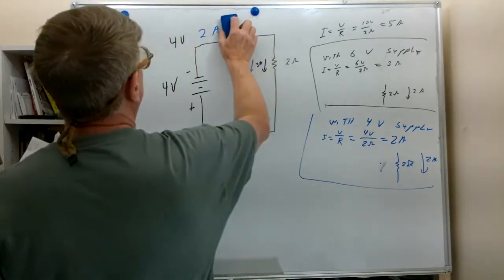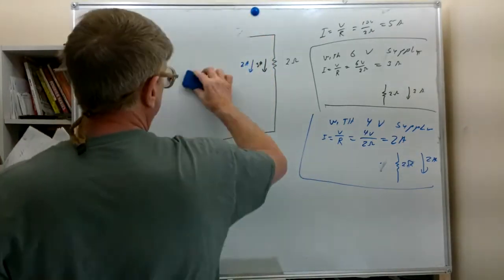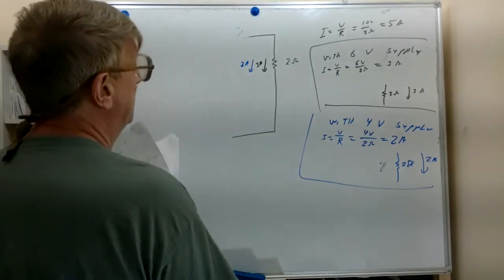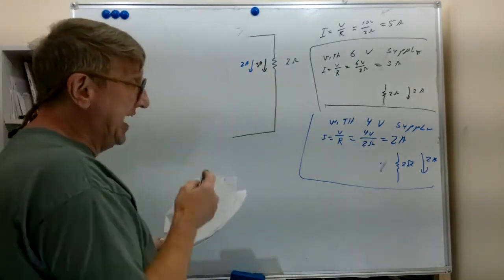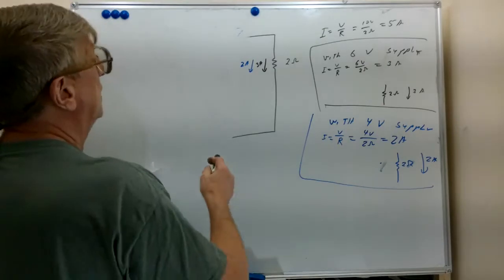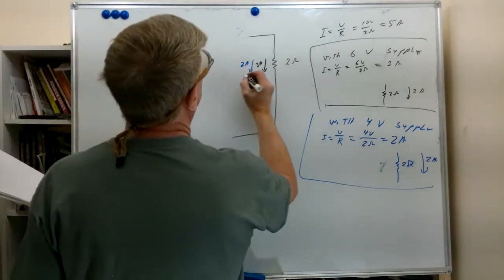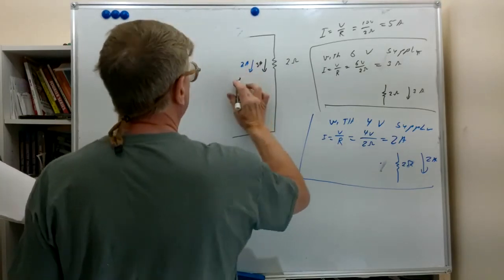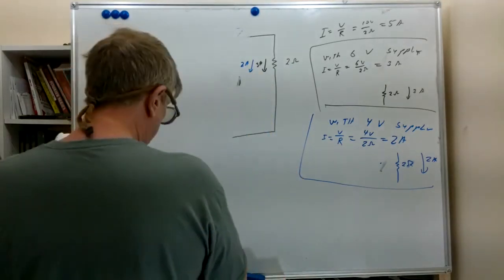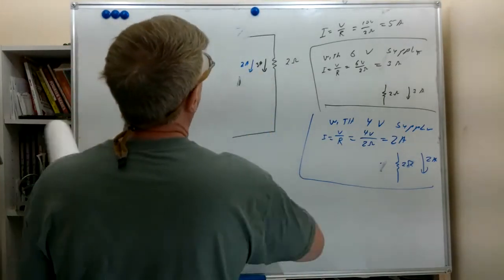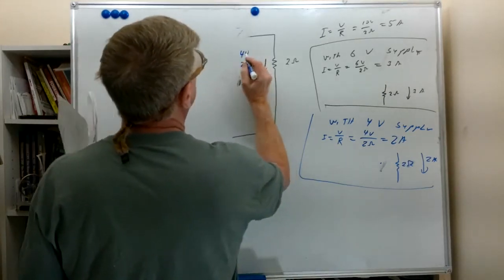And we're going to erase this stuff here. But as I said, the 2 amps plus the 3 amps added to 5 amps. The 2 amps came from the 4-volt supply. The 4-volt supply provided the 2 amps.